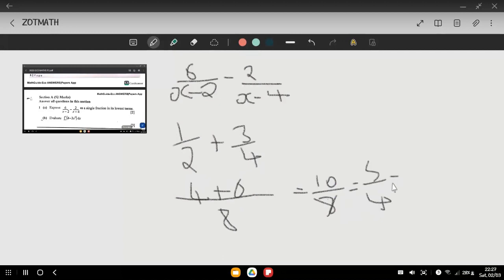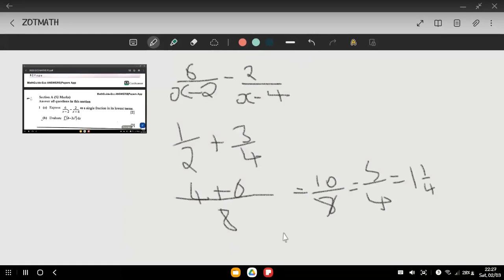This can further be simplified as 4 into 5, this is 1 remainder 1 over 4, which is 1.25, or you can simply say 1 and 1 over 4. Or if you want, you can convert this to a decimal.